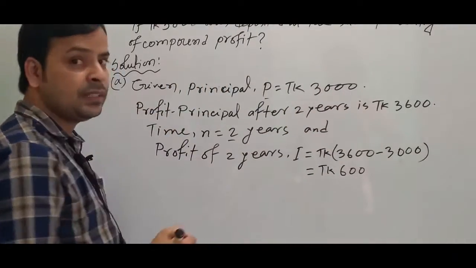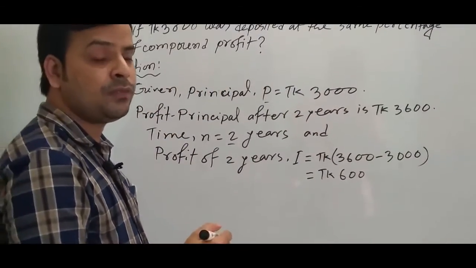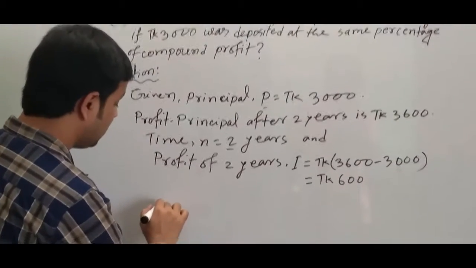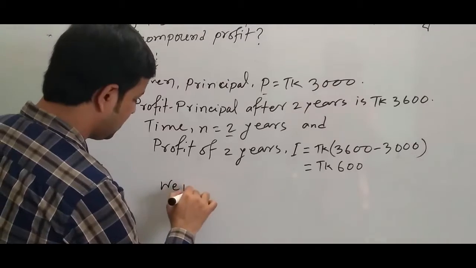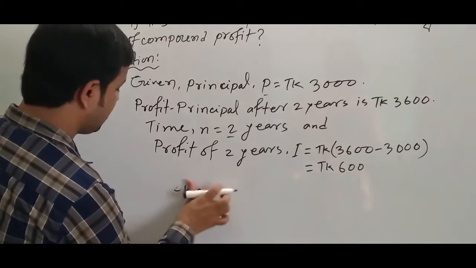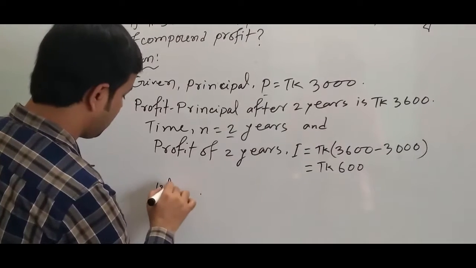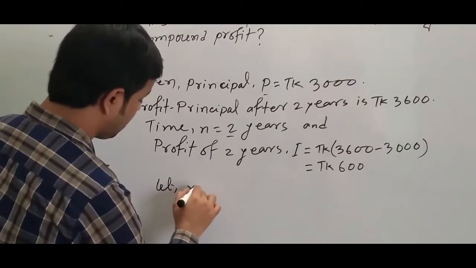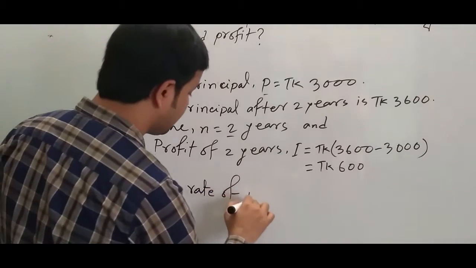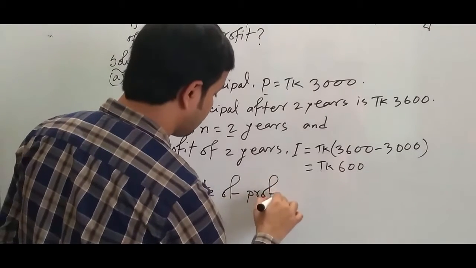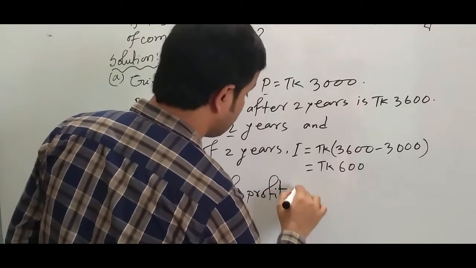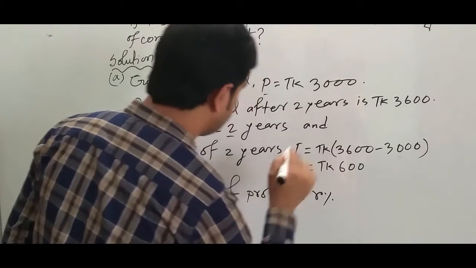So time n equal to 2 years and principal P is taka 3000. So we can determine the rate of profit. Before this we can write, let rate of profit be R%.